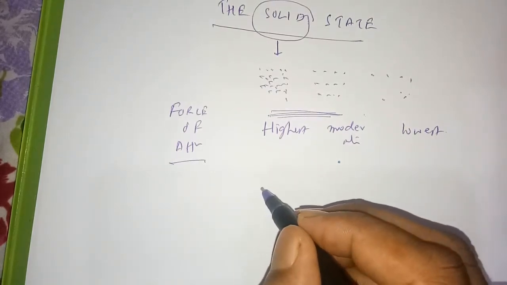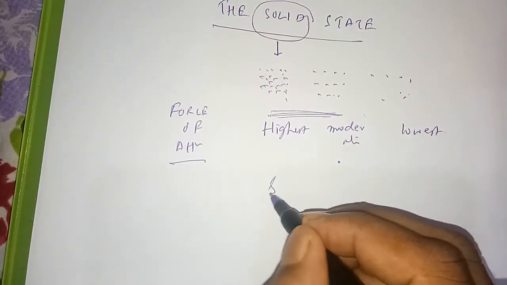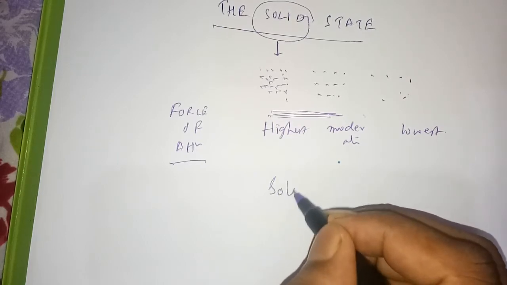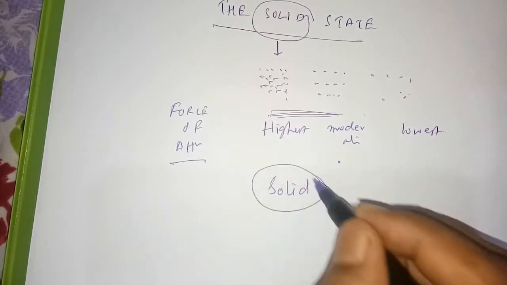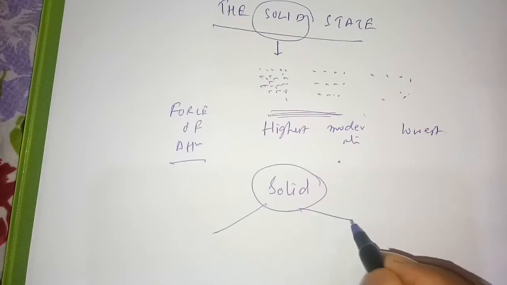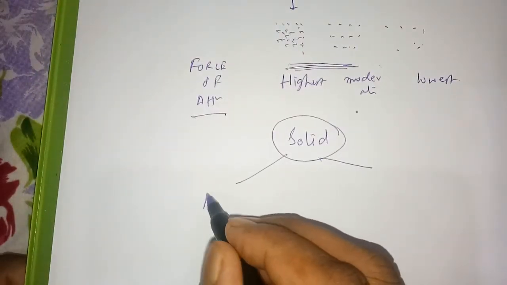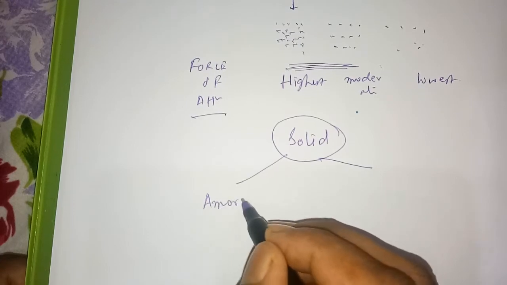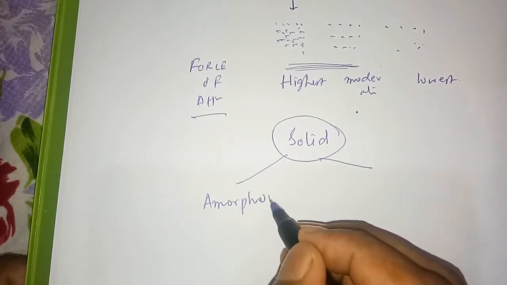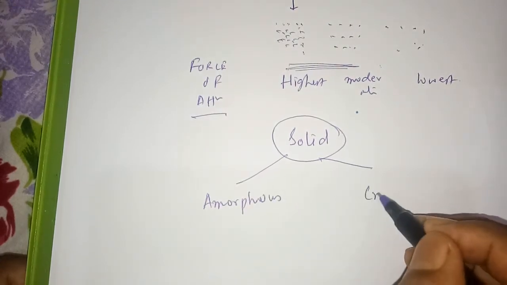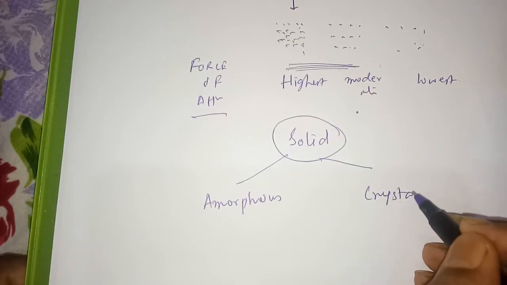The main point, these things you have also read in class 9. Main point is that solid is divided into two parts. One is your amorphous and another one is crystalline.